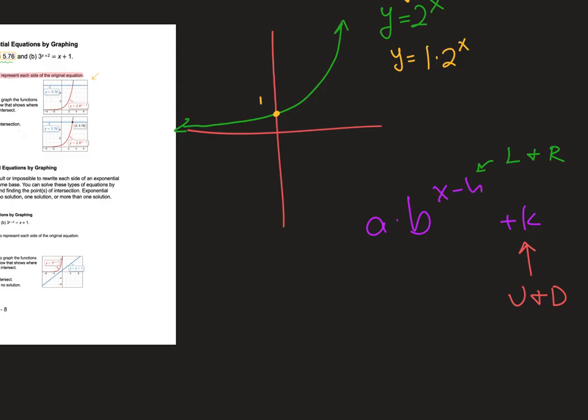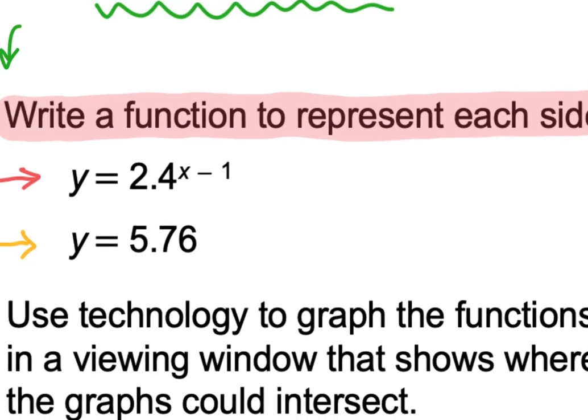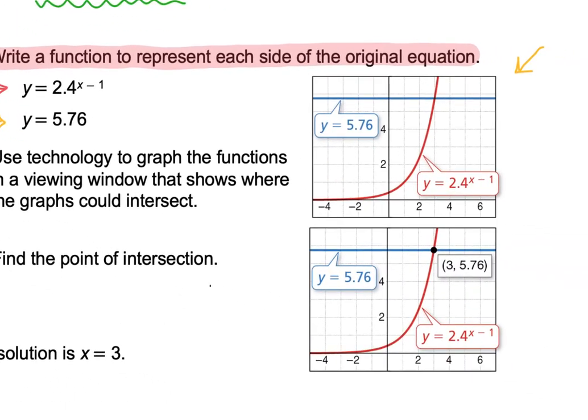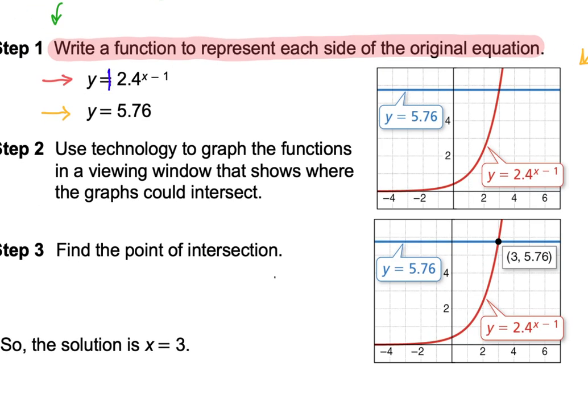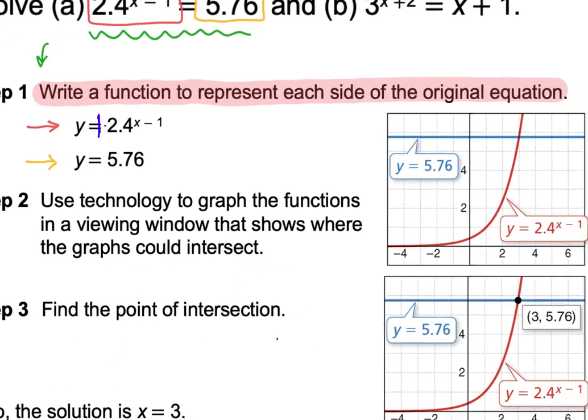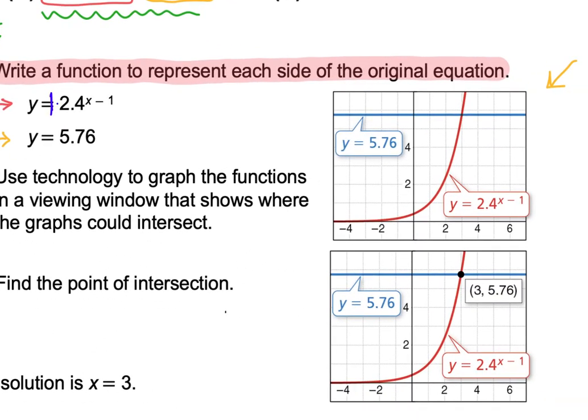Okay, so let's go back and look at this. There's a minus 1, so really, our initial value should be 1, right? Because it's 1 times 2.4. Let me zoom in. It's 1 times 2.4 raised to the x power, but it's going to get moved to the left.